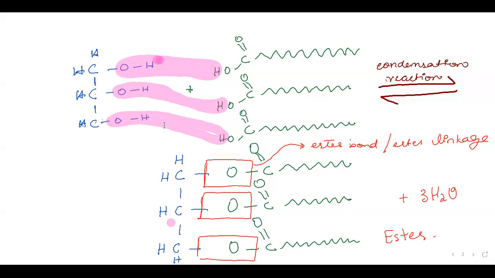We can take our triglyceride and break it down to give us a glycerol and a fatty acid. The reverse reaction is known as hydrolysis. And the forward reaction, where you are joining the glycerol and fatty acid to give you the ester, triglyceride, is your condensation reaction, also known as esterification.